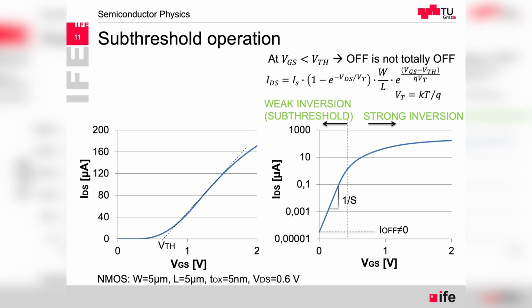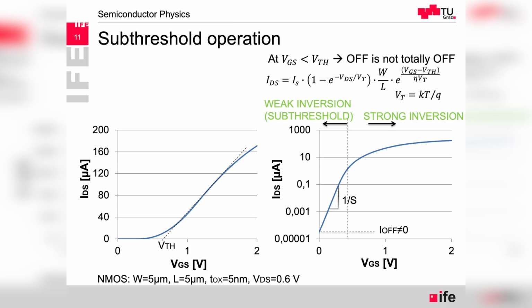As an example, you can see here again the same characteristics we were looking at: transconductance, the current as a function of gate-to-source voltage, and exactly the same data plotted in the logarithmic scale for the current. The quite characteristic feature is that in the logarithmic scale, the characteristic is linear.